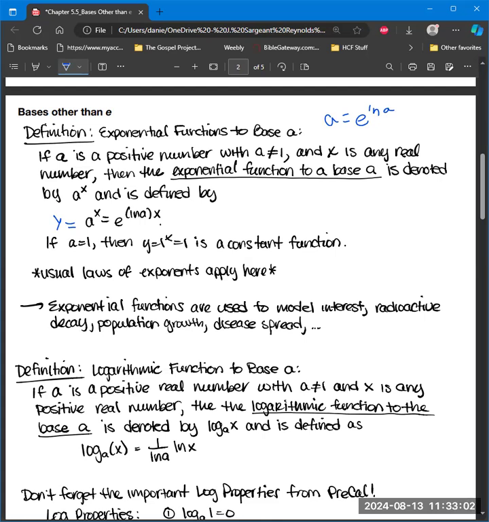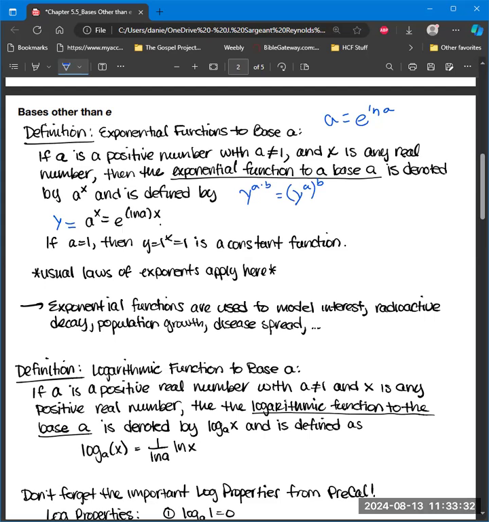So I can write it this way, and then I can think about using the chain rule to get my rules here. So remember that if I have multiplication of exponents here, that came from raising a power to a power like that.